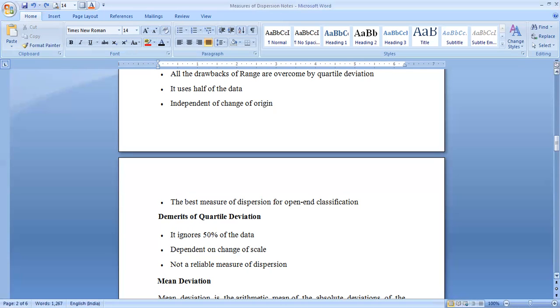It is also dependent on the change of scale. So when we change our scale, the quartile deviation will be affected by this. Again, it is a drawback that it depends upon change of scale, and it is not a reliable measure of dispersion because the remaining 50% of data are ignored.